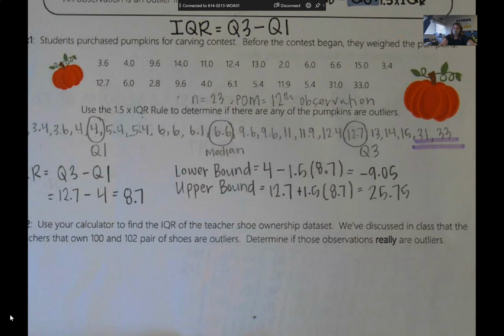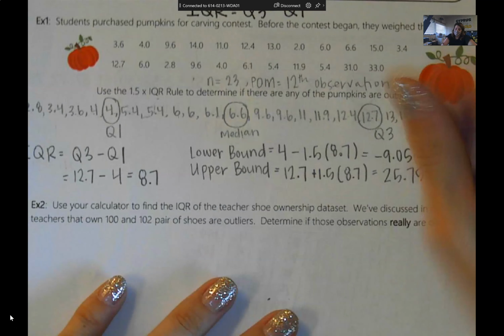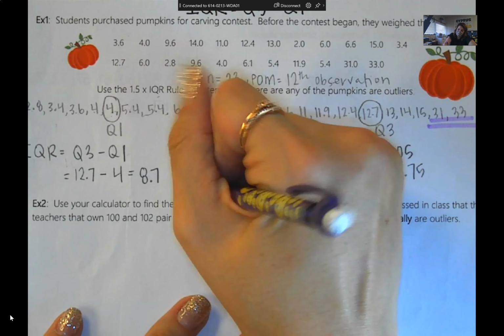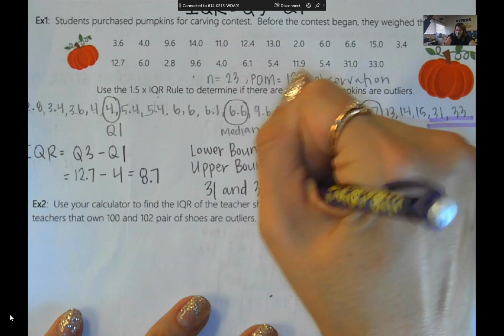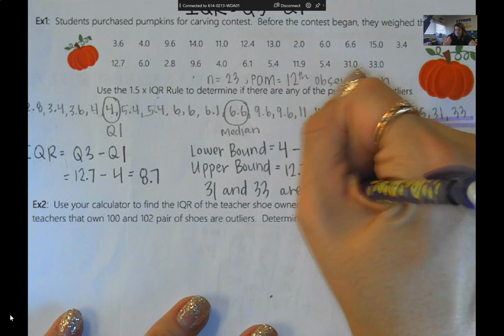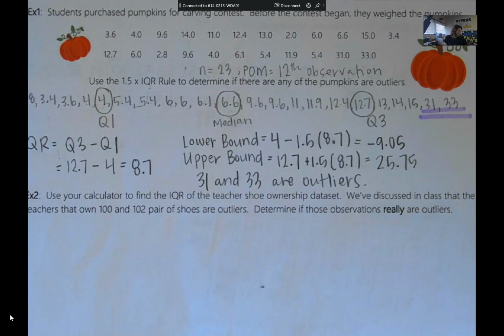I probably wouldn't even be able to lift it on the table. So we're going to say 31 and 33 are outliers. You can say outliers equal 31 and 33, or outliers colon 31, 33. It's whatever you prefer.